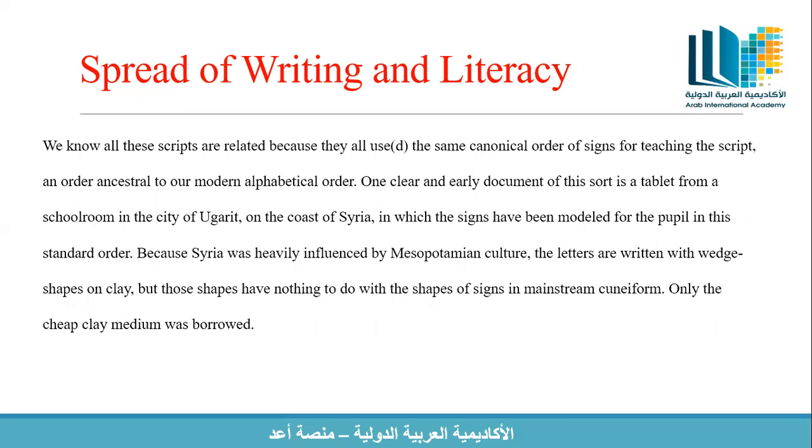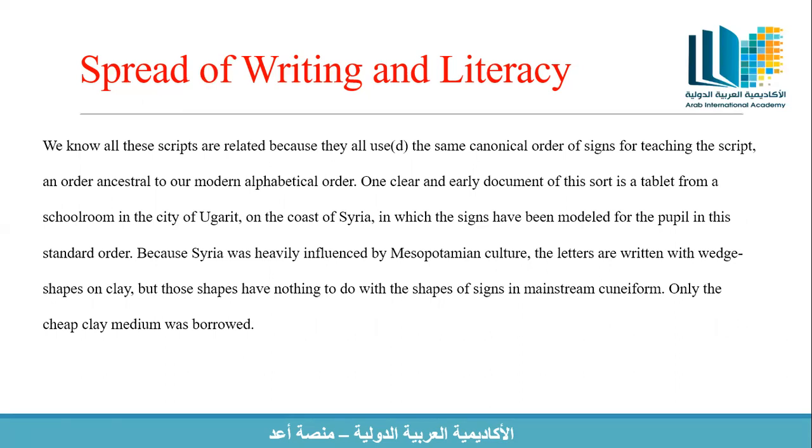So we know that all these scripts were related because they all use the same canonical order of signs for teaching the script, an order ancestral to our modern alphabetical order.